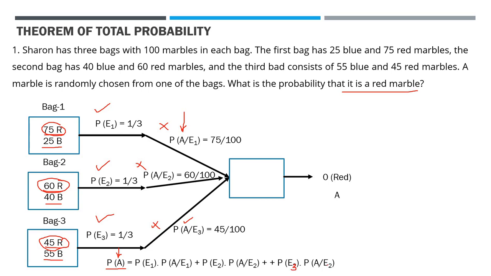This is not 2, this is 3, the third event. So we just multiply 1 by 3 multiplied by 75 by 100, 1 by 3 multiplied by 60 by 100, 1 by 3 multiplied by 45 by 100, and calculate the value of P(A). This is the probability of picking a red marble from all 3 bags, which can be calculated using the theorem of total probability.